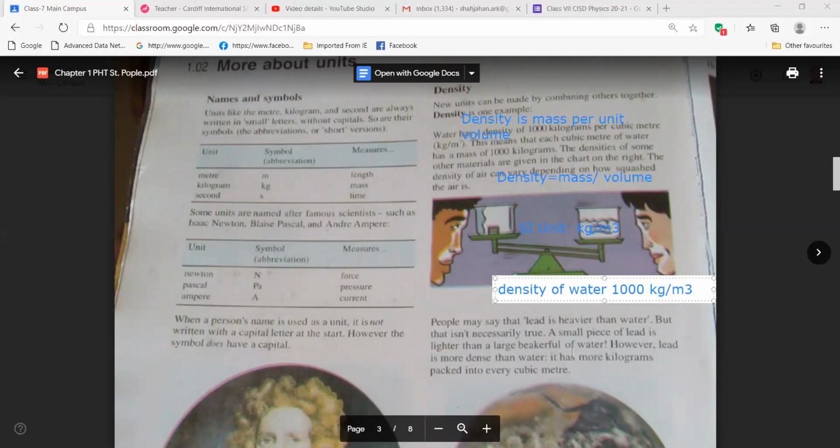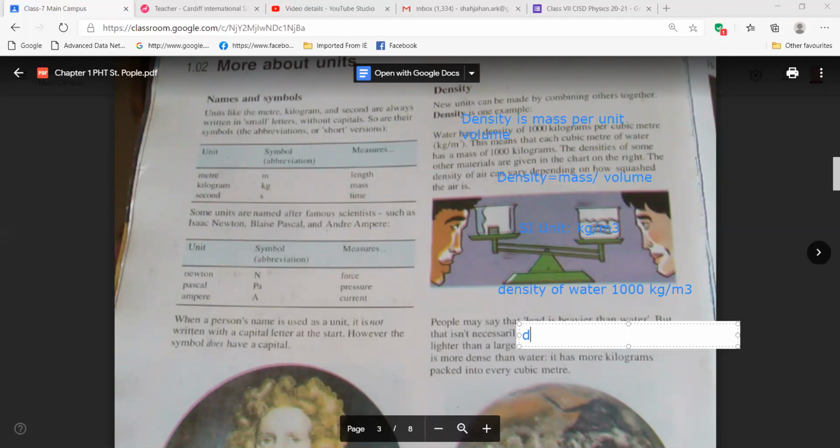And if you are getting the unit of density in gram per centimeter cube, the density of water is 1 gram per centimeter cube. Okay, when you remember this, you write it in your copy.